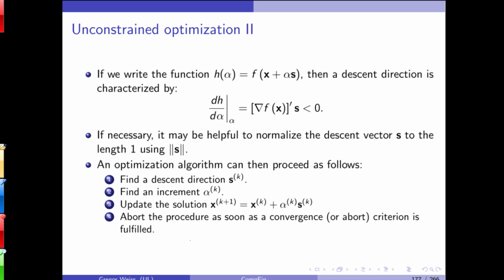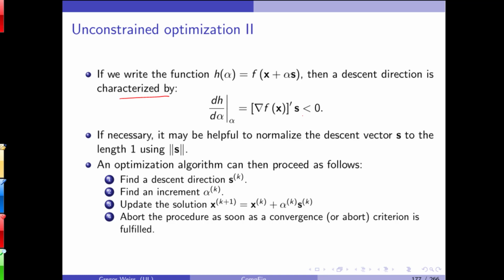Now if we write the function h(alpha) equals f(x plus alpha s), then a descent direction is characterized by what? We want the derivative of h with respect to alpha, that is the transposed gradient of f times s, to be smaller than 0.